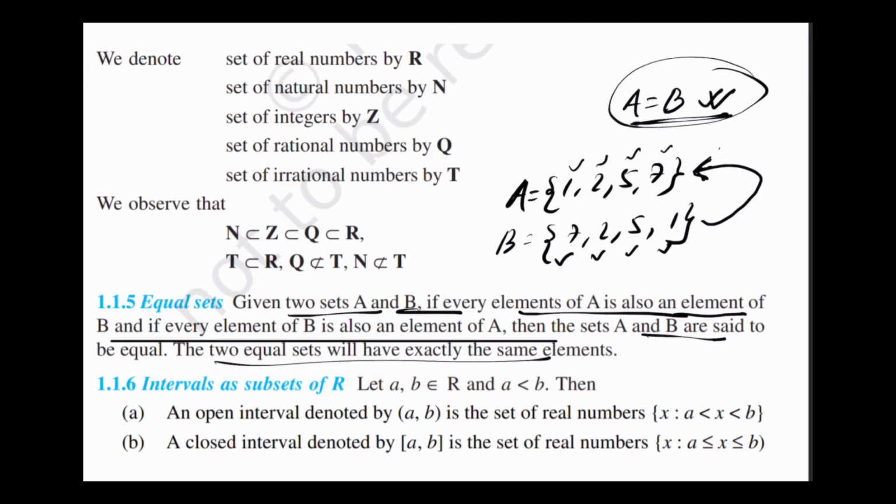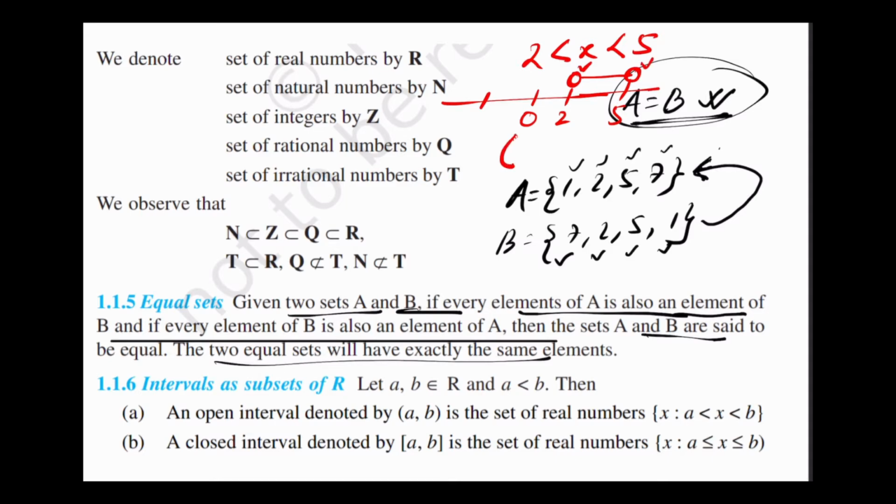Let's say we have a number x which is greater than 2 but less than 5. How do we represent it on a number line? Let's say this is 0, this is 2, this is 5. We start from 2 and go till 5. Now we keep this open here and here. Why? Because it does not contain 2 and does not contain 5.